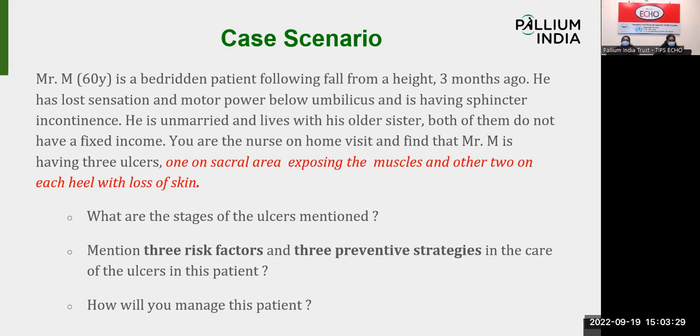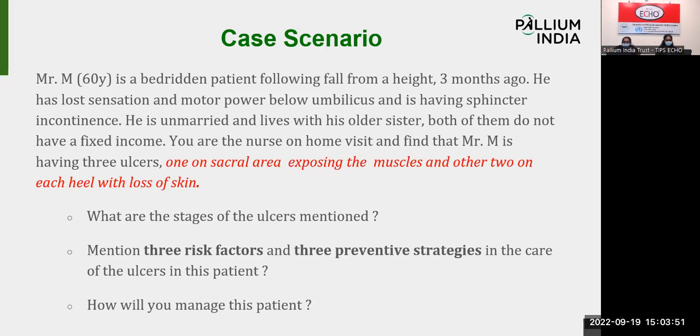Okay, thank you, Shiny, for reading out the patient story. We can discuss. So, what are the stages of ulcers mentioned here? If you have seen this type of patient, you have to document properly, right?